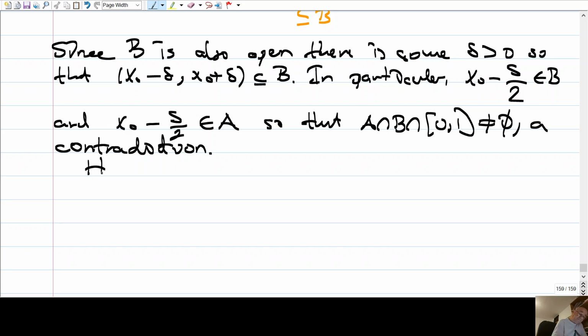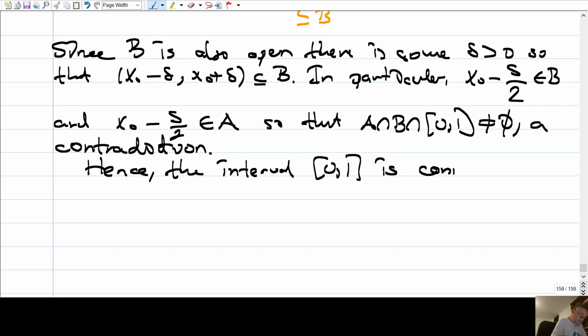Hence, the interval is connected. Okay. Do you have any questions so far?